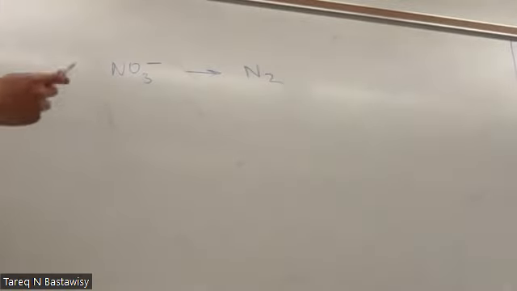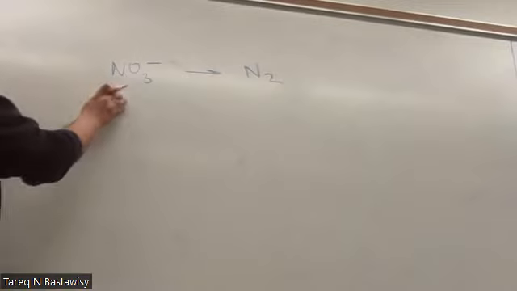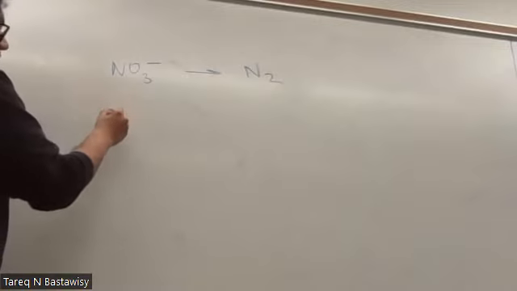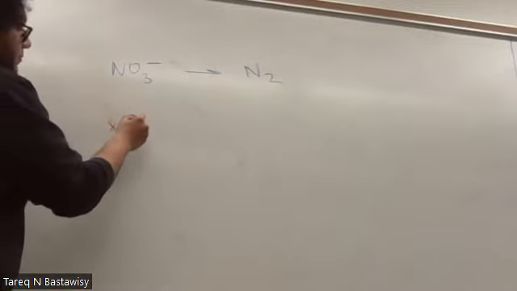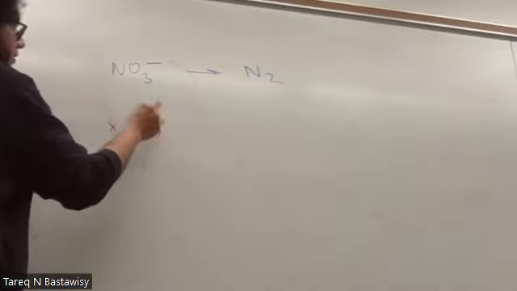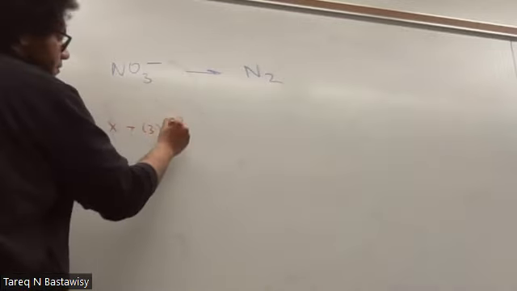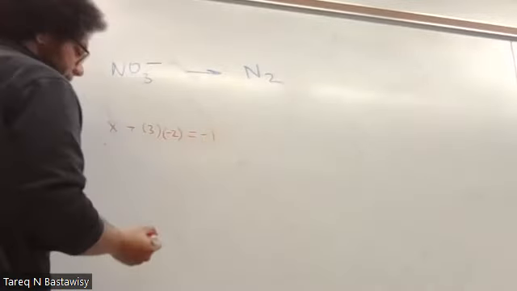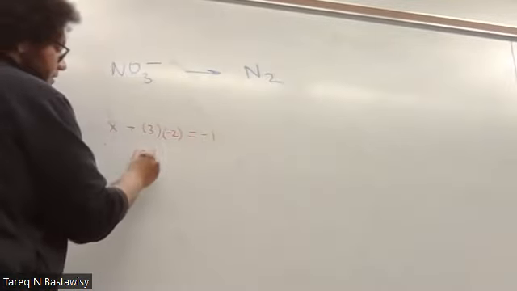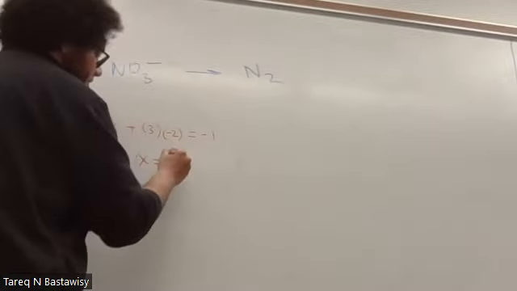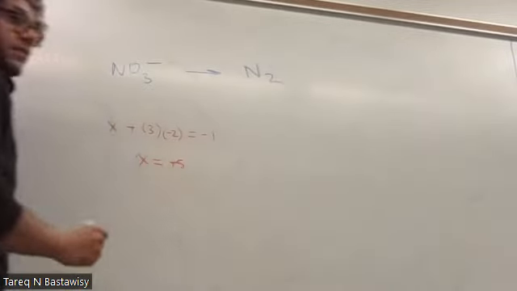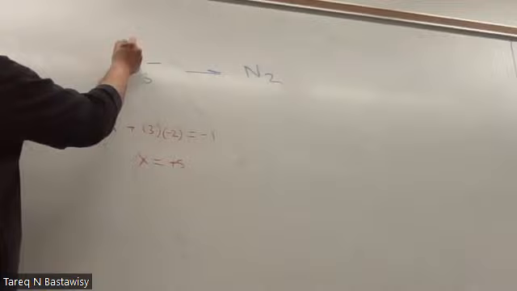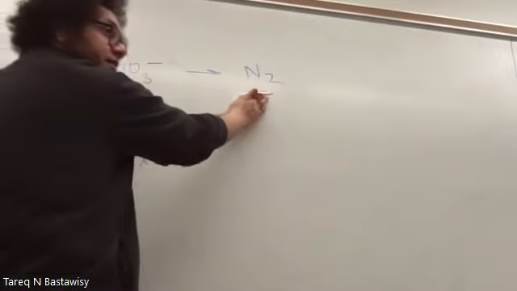What's going on here? We have nitrate. To solve it, X plus 3 oxygens at -2 because they're oxygens, and that's equal to -1. So X becomes +5. So this is +5. And what about this?